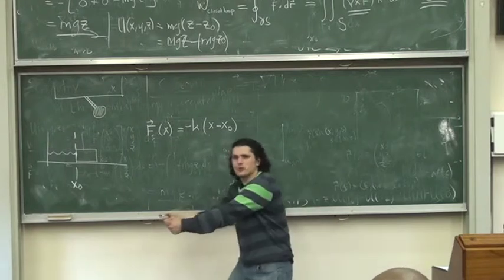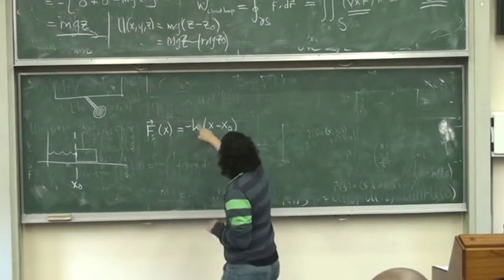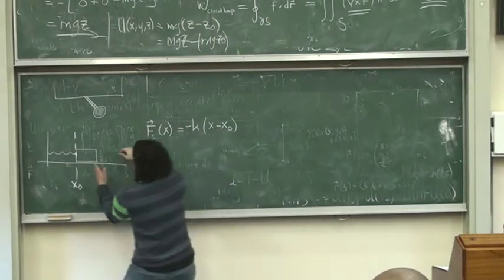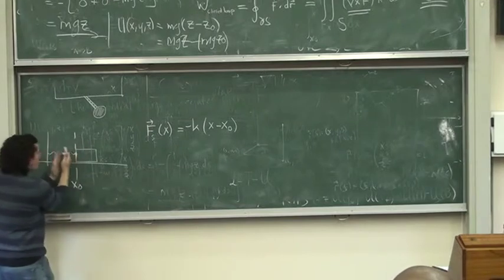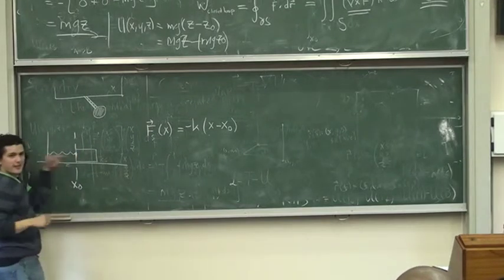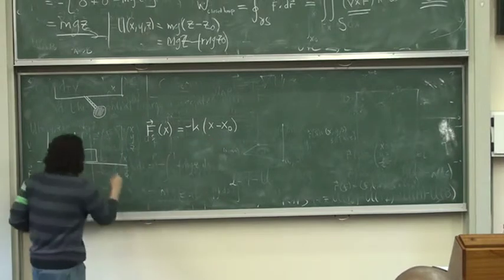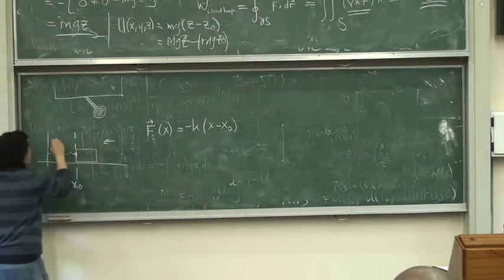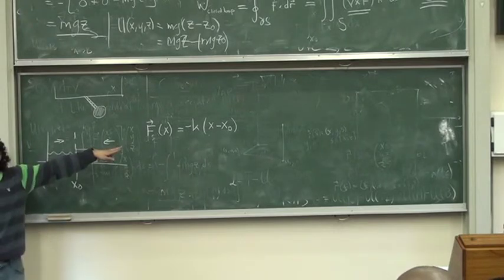The spring always pulls me backwards or pushes me backwards. If I've stretched it all the way out to here, it pulls me backwards. If I've pushed it all the way to there, it pushes me this way. Convince yourself that this term will point this way over here and this way over here. And it correctly models the force exerted by a spring.